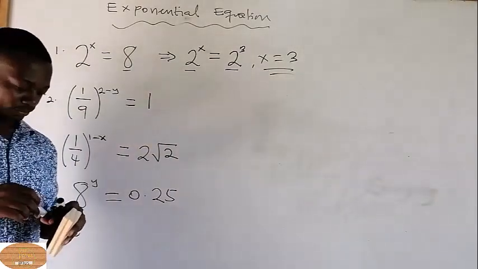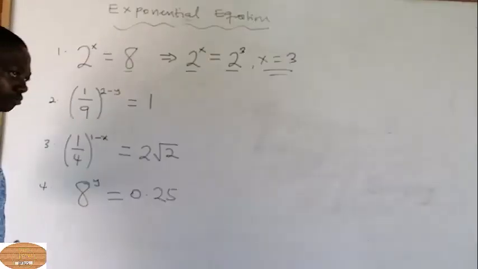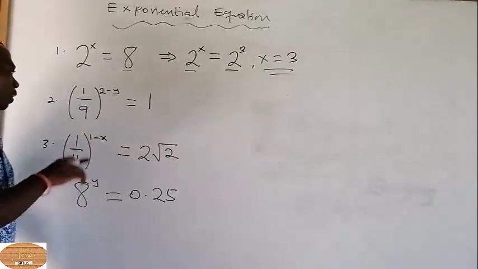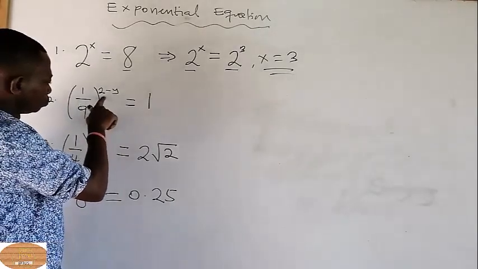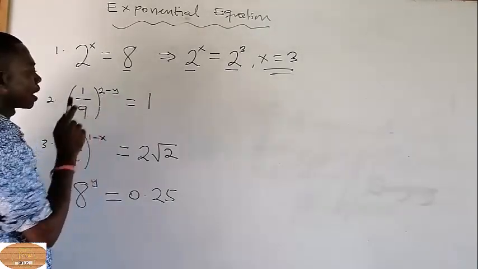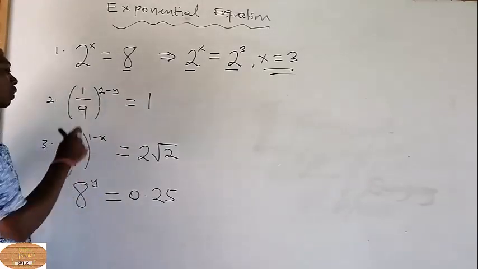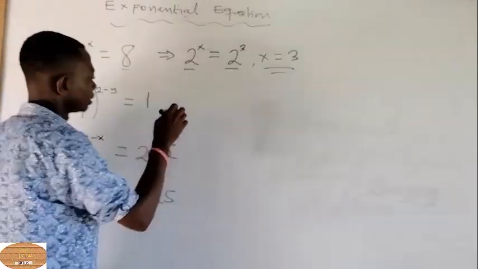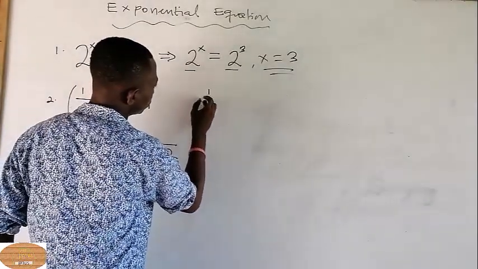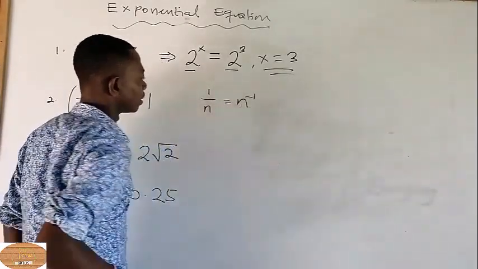Now let's move on to the next one. I have 1 over 9, all to the power 2 minus y, equals 9 to the power y. I'll first look at this one. We know from lesson 1 we said in case we're given, let's say, 1 over n, it is the same as n to the power minus 1.